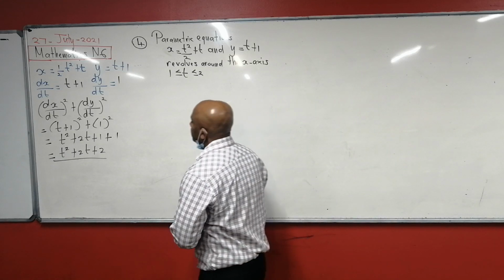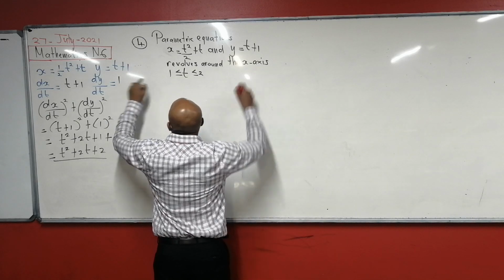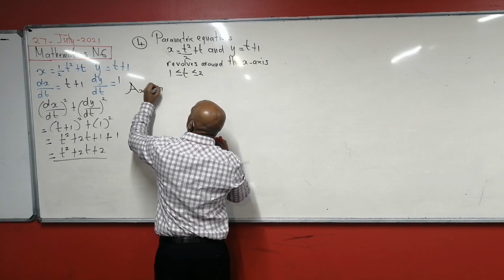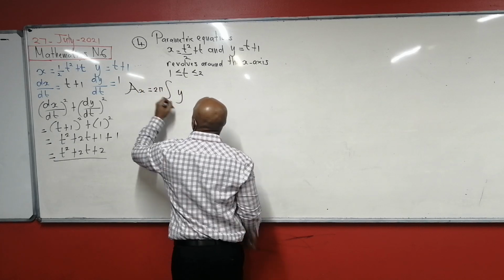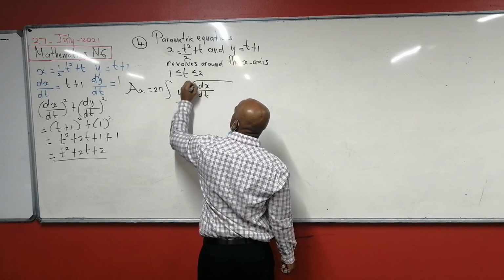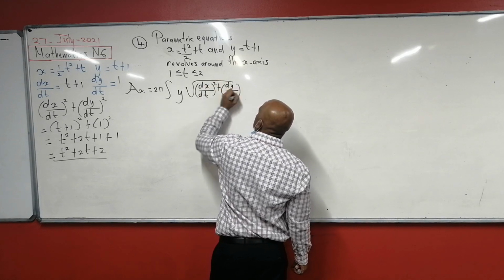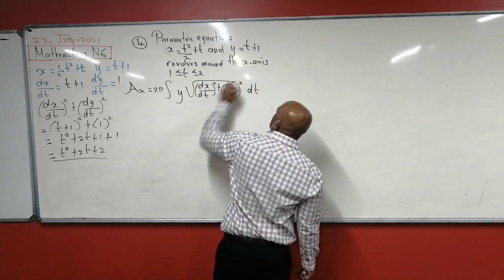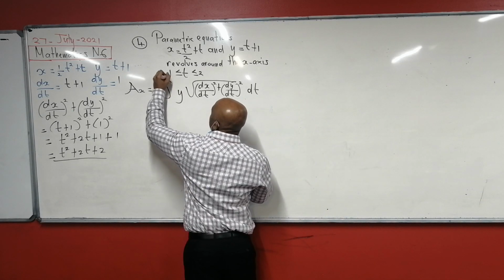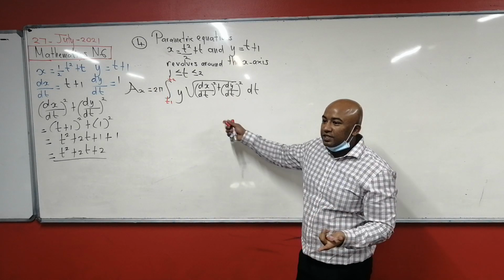Now let's substitute. So we're revolving around the x-axis again. That's going to be 2 pi, and that's going to be y there, times the square root of dx over dt squared plus dy over dt squared, dt. We're integrating, substituting our t2 and t1.